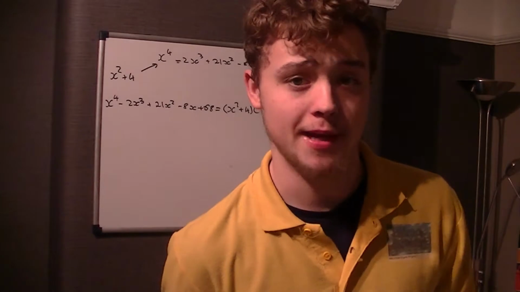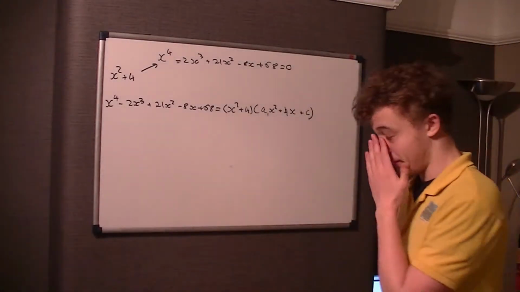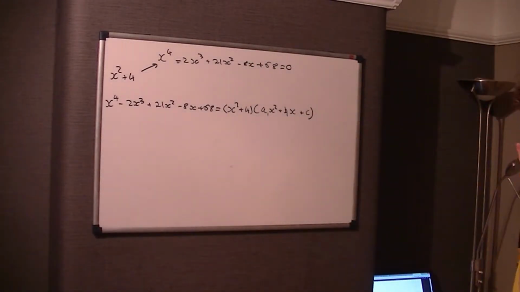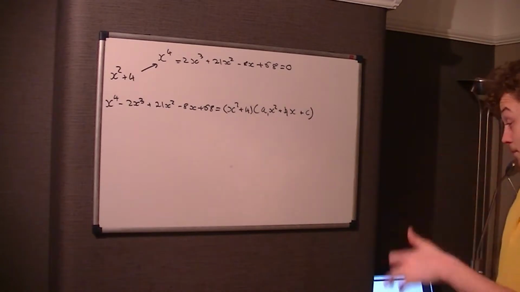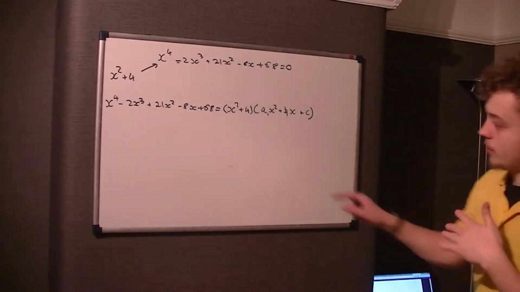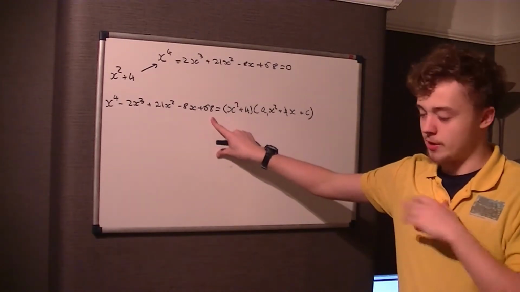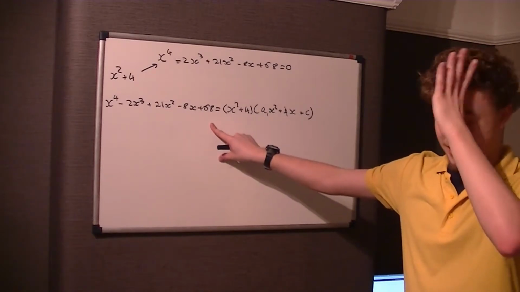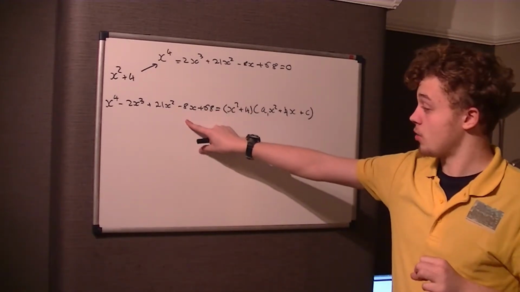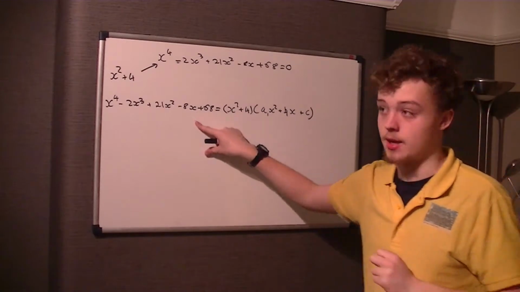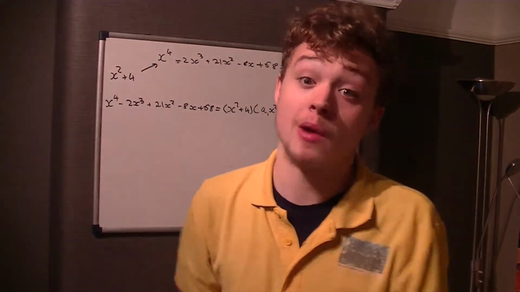If you don't get that, please do check out my factor and remainder theorem video, but I'll probably do a better job of explaining it in that video. Basically, if we divide the quartic by this quadratic, we should get no remainder. It should go into it perfectly because it's a factor, it's times by it.